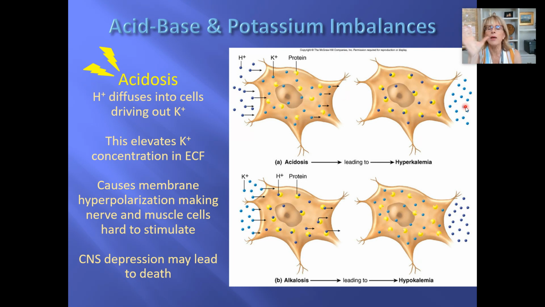I want you to notice that the patient, overall, still has a normal amount of potassium. It's just the potassium's not in the cells where it belongs. So when patients have an acidosis, because they've got uncontrolled diabetes mellitus, they're in that diabetic ketoacidosis state, their blood test shows really high levels of potassium.